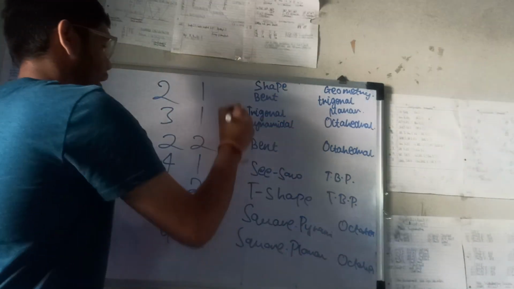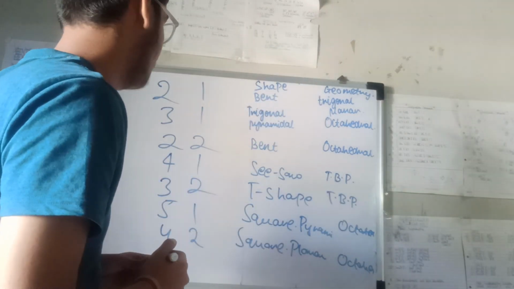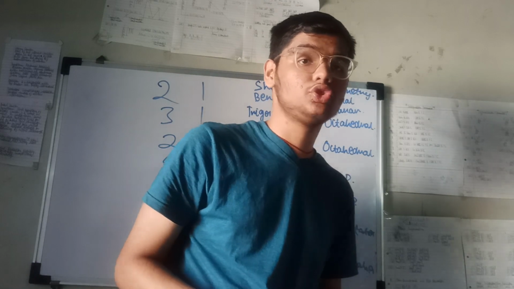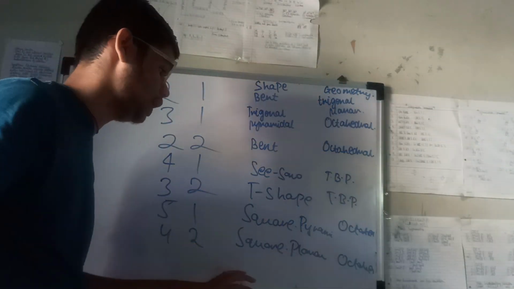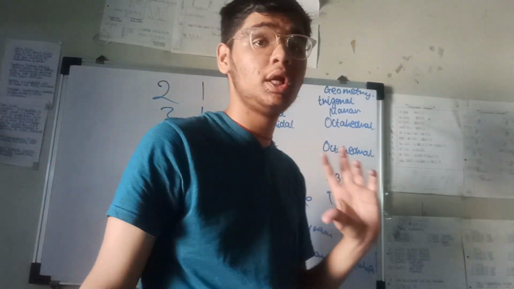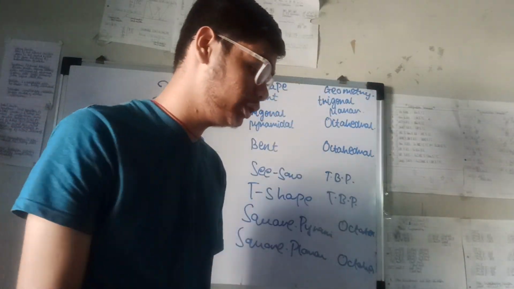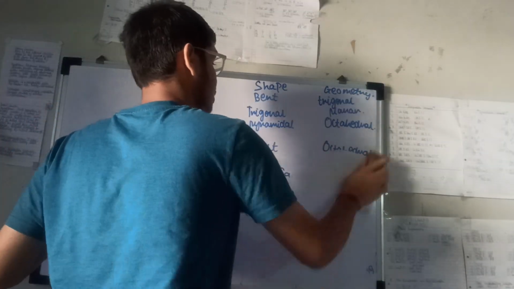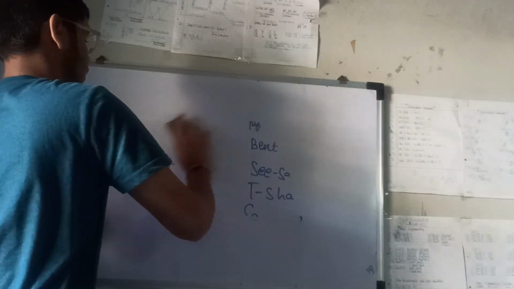We are seeing that the shape is varying but the geometry is the same, because remember that shape does not depend on lone pair. Shape does not depend on lone pair. These 2 tables you have to note down clearly, or I will draw some structures for better understanding.